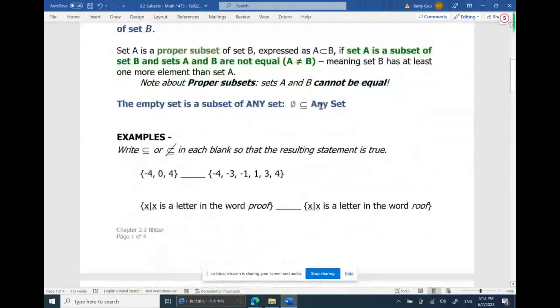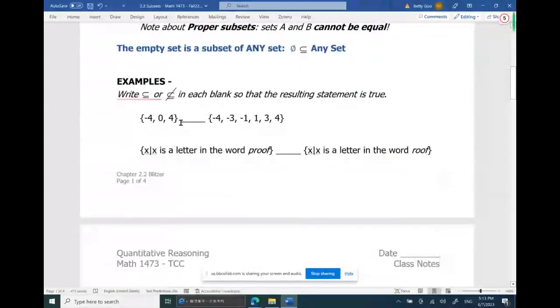Let's look at examples. Choose one of the two symbols to connect the given two sets. The set on the left has three elements, 9, 0, 4. The set on the right has 1, 2, 3, 4, 5, 6. And obviously, we should put the not-a-subset symbol to connect the two sets. Not a subset.